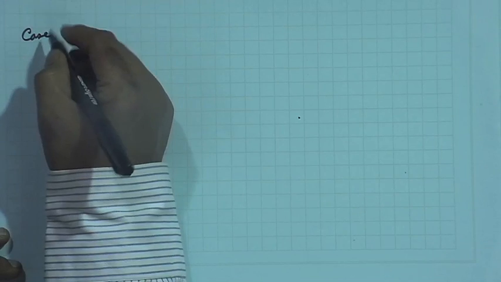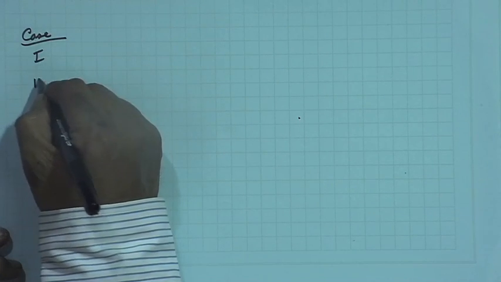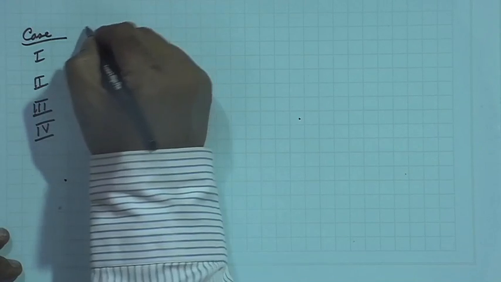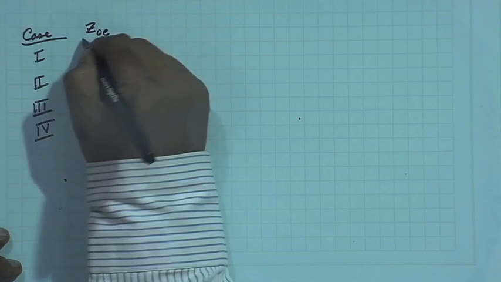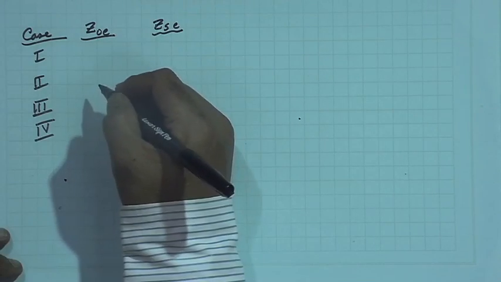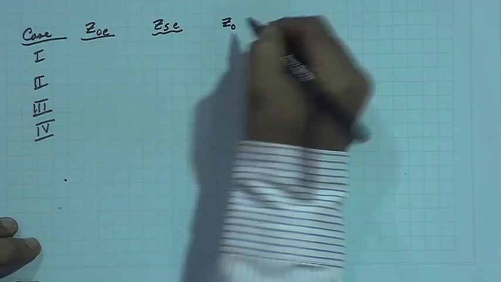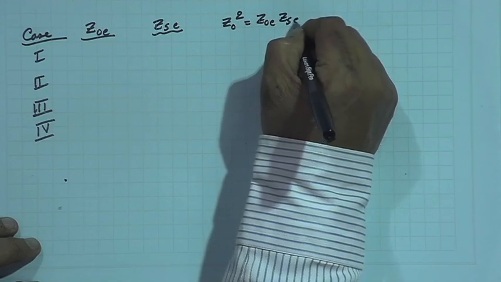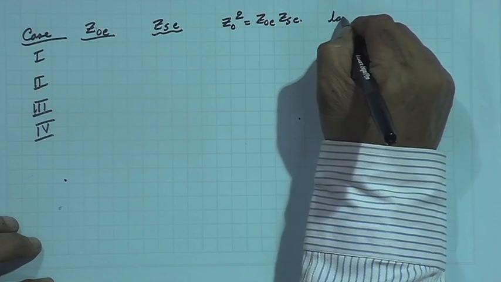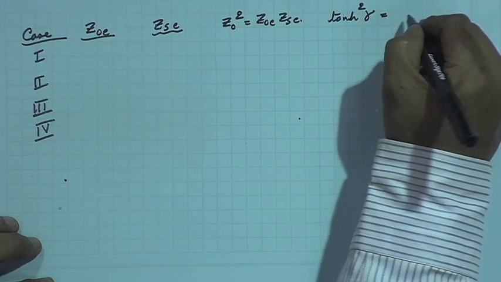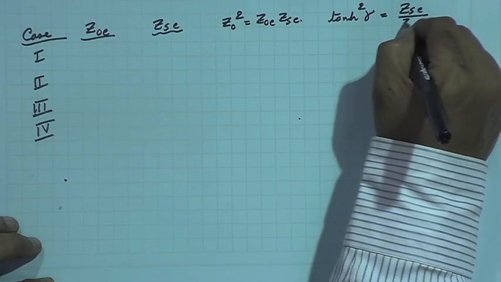Now, let us see, there can be several cases. I am proving the theorem. The theorem is important for filter design. Now, let me say what is ZOC, what is ZSC. Then we know Z0 square is equal to ZOC times ZSC, and we know tanh square gamma is ZSC by ZOC.